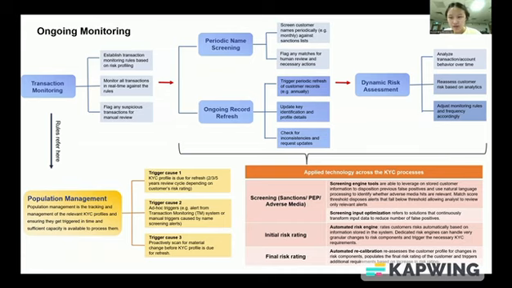In these 3 parts, we have some technologies applied here. For the screening, we will use screening engine tools and screening input optimization. As for the risk assessment, in the initial risk rating, we will use the automated risk engine. And for the final risk rating, we will apply the automated collaborations.